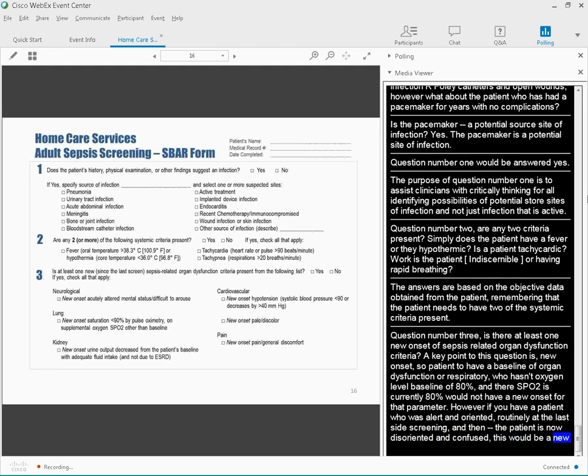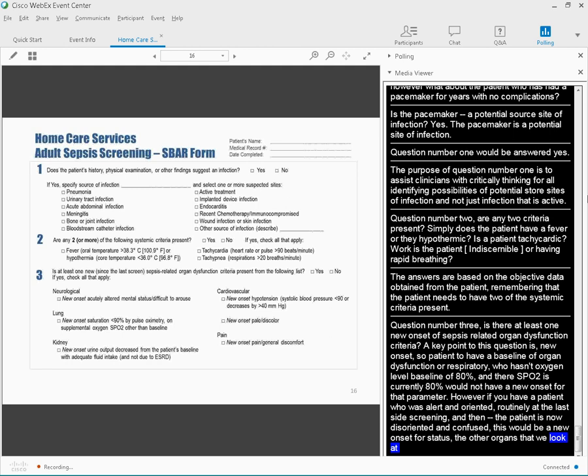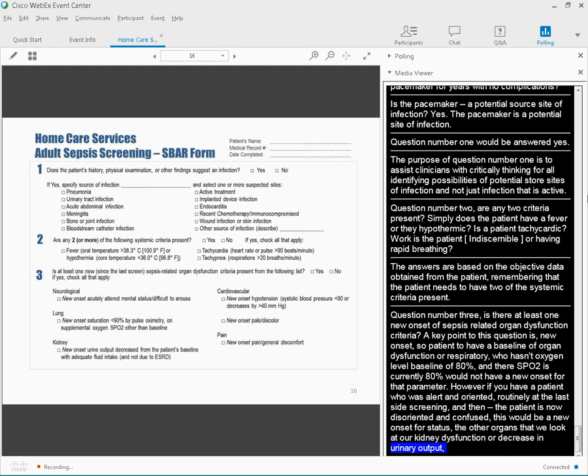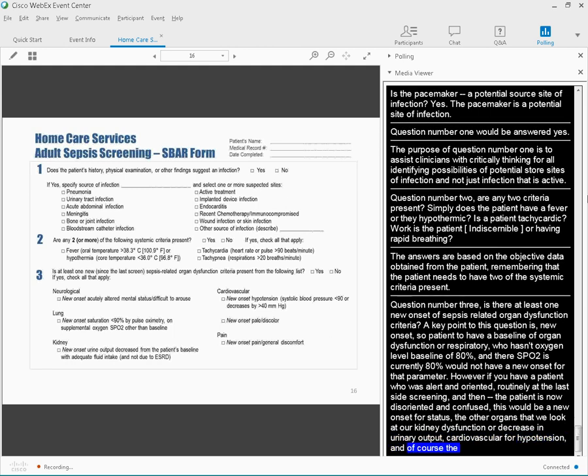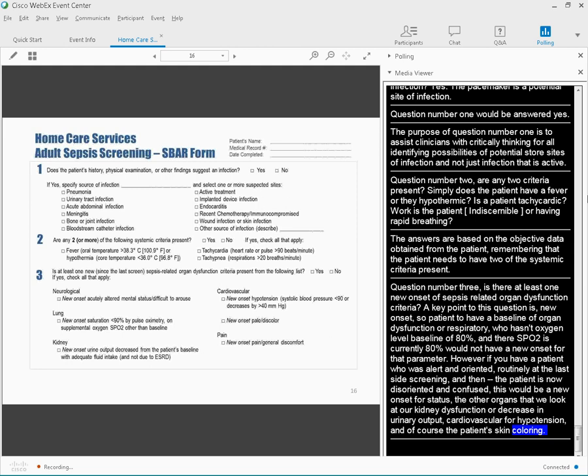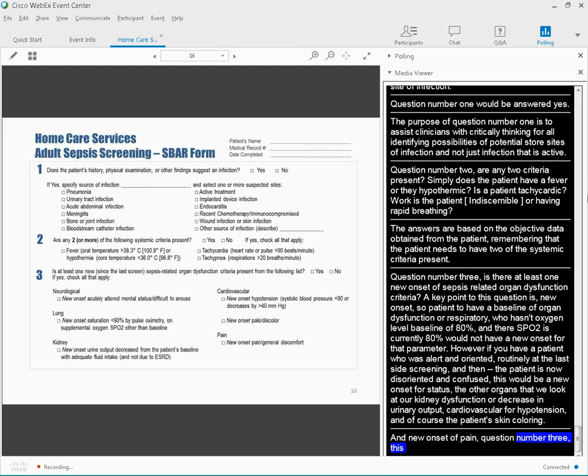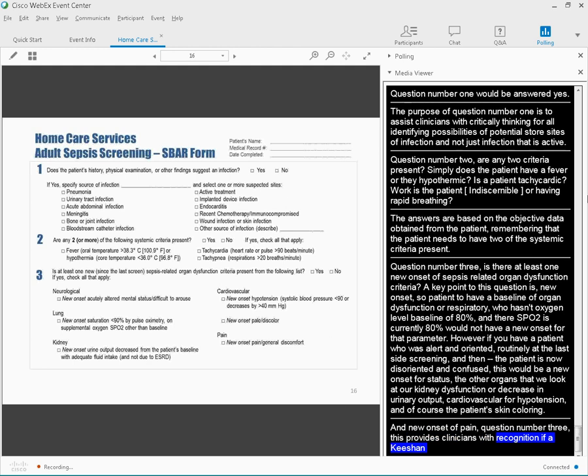The other organ that we look at is kidney dysfunction for a decrease in urinary output, cardiovascular for hypotension, and of course the patient's skin coloring, whether or not it has become pale or discolored. And new onset of pain. This question number 3 will provide clinician recognition if a patient meets criteria for organ involvement and requires immediate treatment.